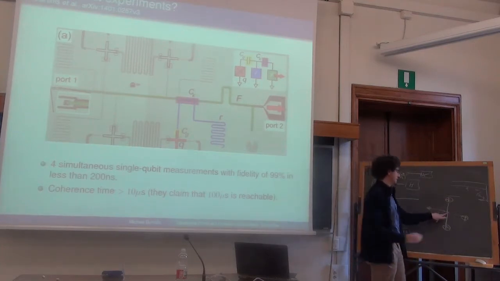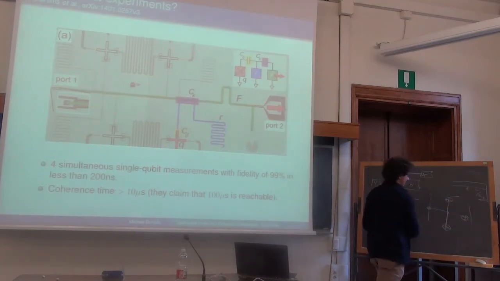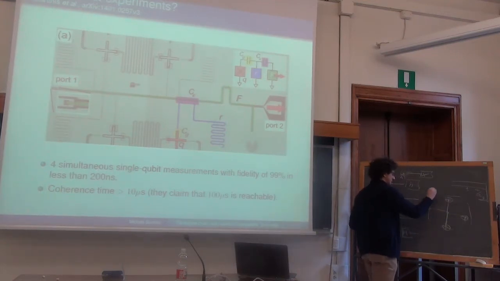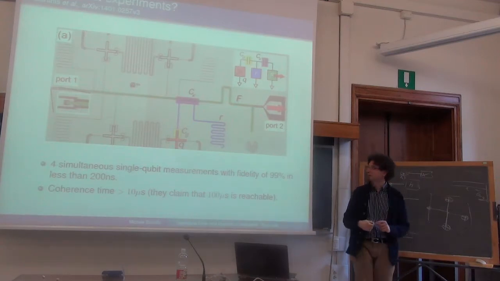Because here, one ancilla, for example, in a plaquette must be coupled to 4 different physical spins, and then this physical spin must be coupled to 4 different ancillas, and so on and so forth.